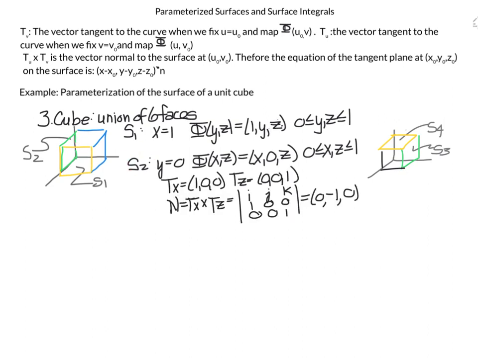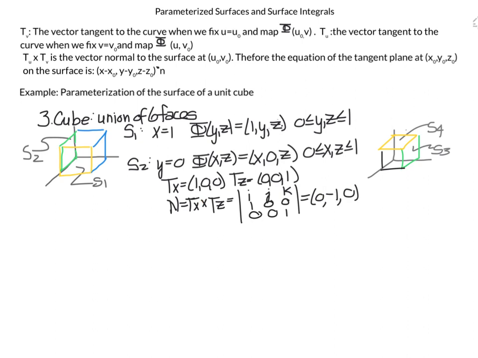For this S2 surface, I went ahead and computed the normal. First, I want the partial of phi with respect to x. So here, this is 1, 0, and 0. If I take the partial derivative now of phi with respect to z, because our two variables are x and z, we get 0, 0, and 1. Now I can take the normal by taking the cross product, and I get 0, negative 1, 0.